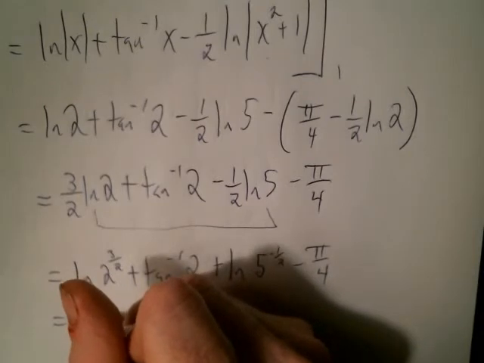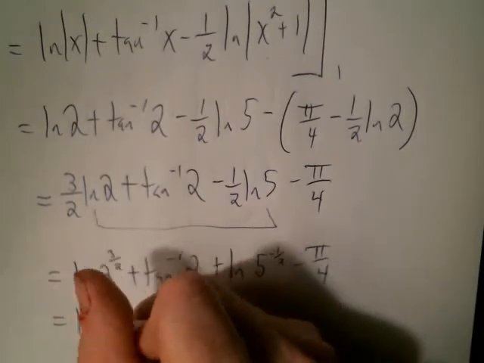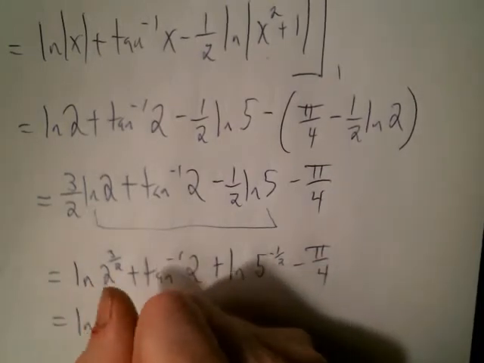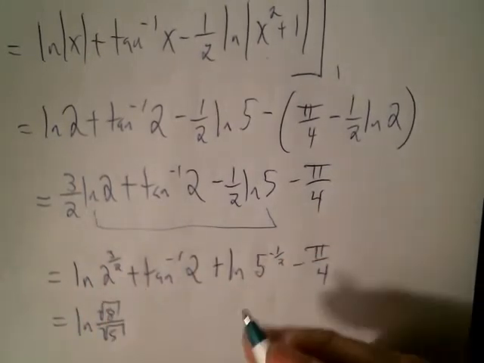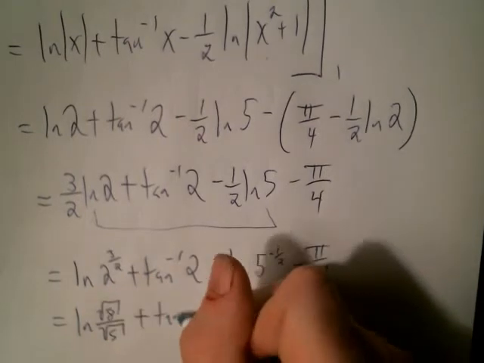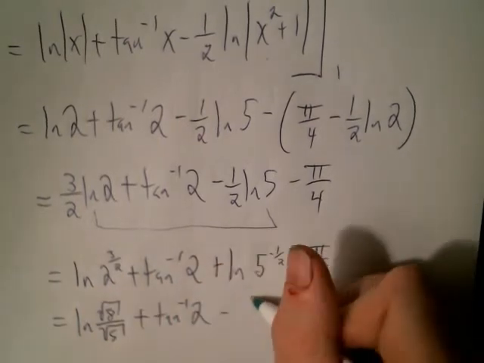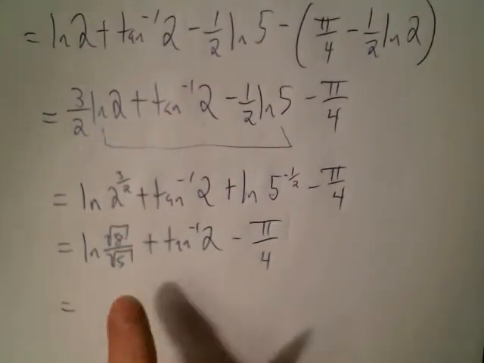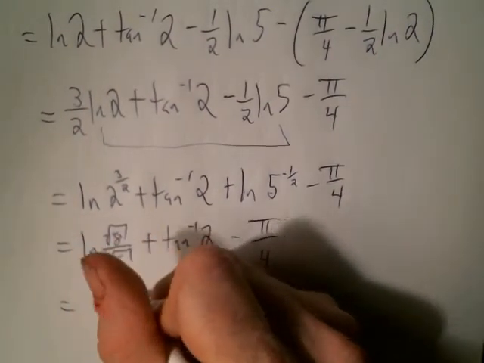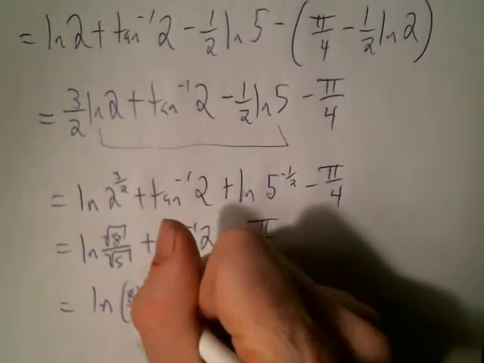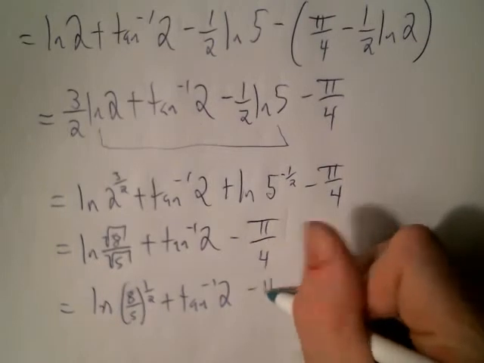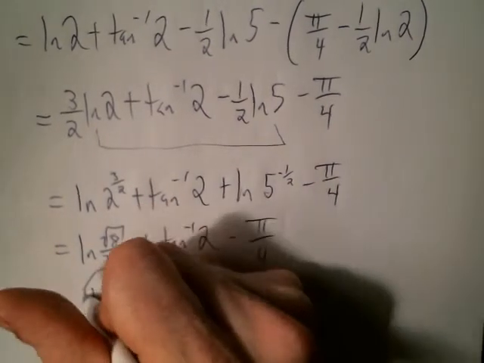So you would get square root of 8, and then this thing is 1 over square root 5, so over square root 5. Then plus tan inverse of 2 minus pi over 4. And then finally, I think they pulled out the 1/2 power from this, because you could rewrite this as ln of 8/5 to the 1/2 plus tan inverse of 2 minus pi over 4. And then they brought up the 1/2.